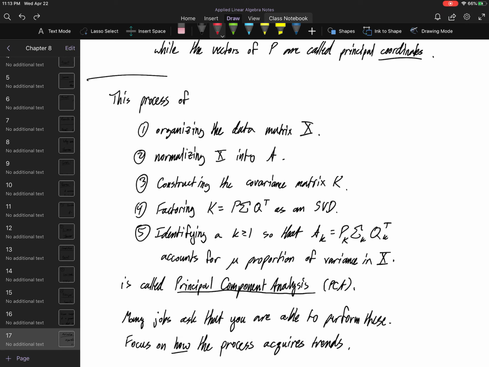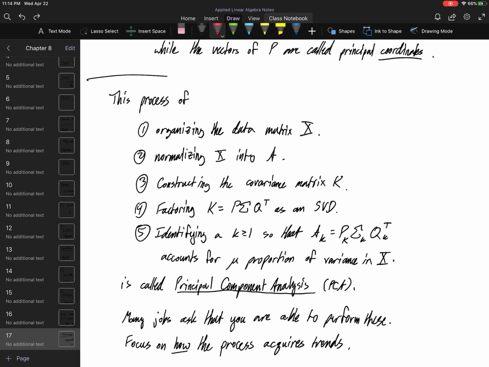And many occupations where you're dealing with statistical analysis or risk assessment, or just about any job where you have to analyze large collections of data, you're going to have to know how this process works and what it's really doing for your data and what it spits out when you're all done. So many jobs will ask you to perform this kind of analysis.